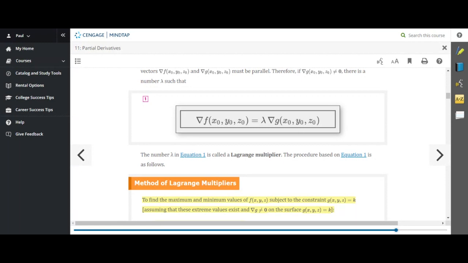For instance, if you have a box, a cardboard box, and you want to maximize the volume subject to a constraint that you only have this amount of material for the box, Lagrange multipliers would be very useful to help solve that problem. So let's look at an example here.